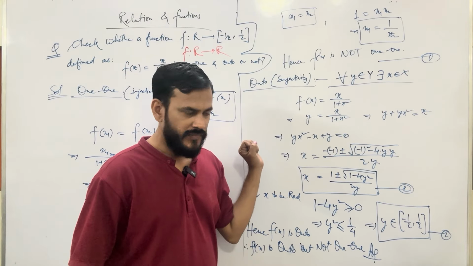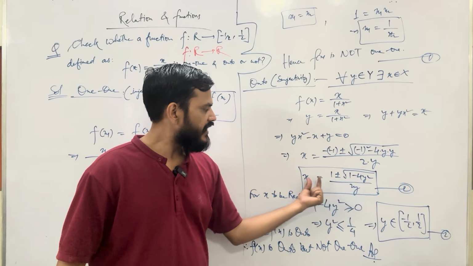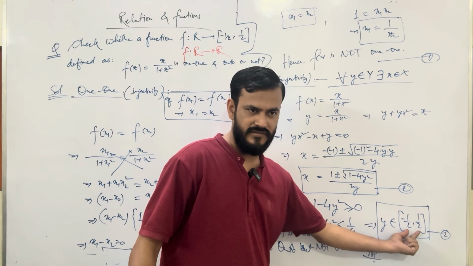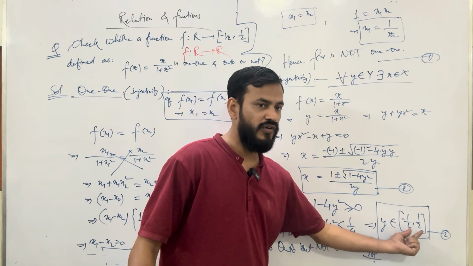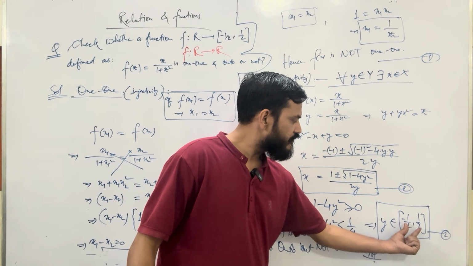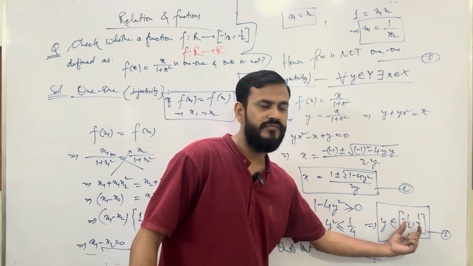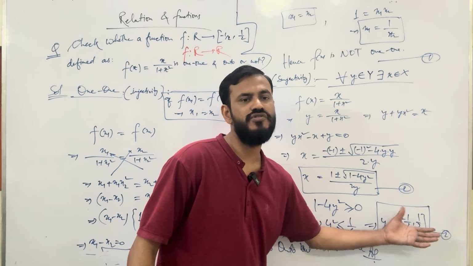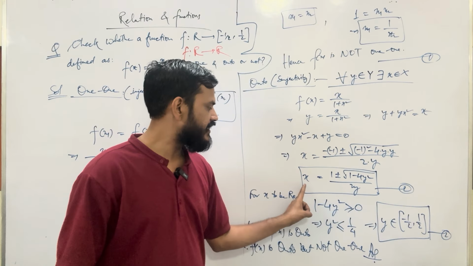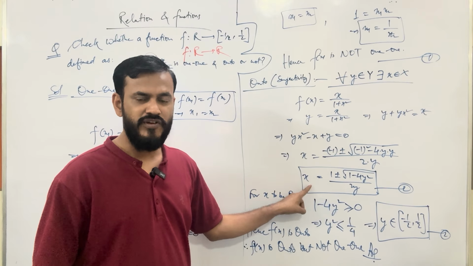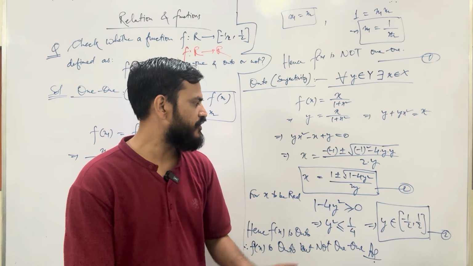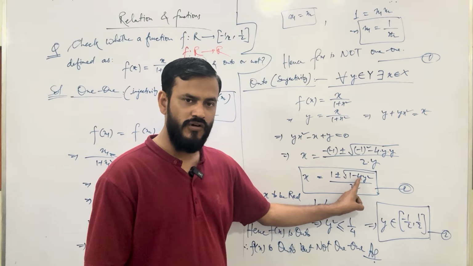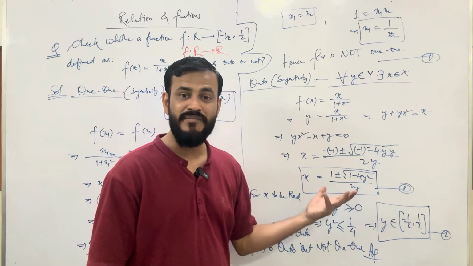In onto, x will be real only when y is in this range. If you choose some other value of y, you get imaginary x. For example, if you choose y to be 1, then this will be 1 minus 4 minus 3i, which is imaginary.